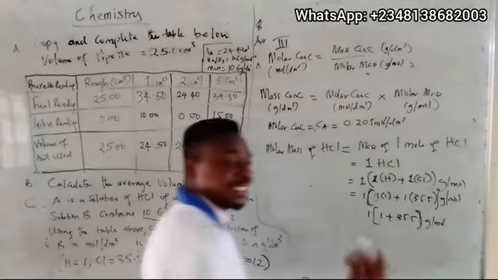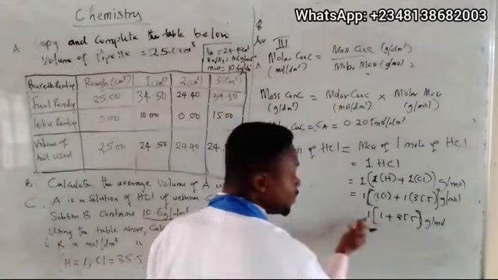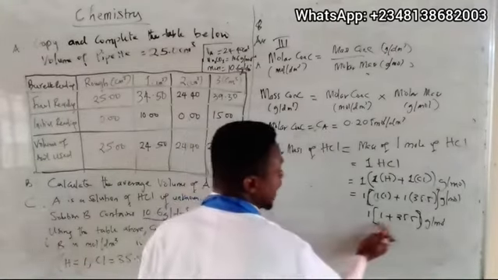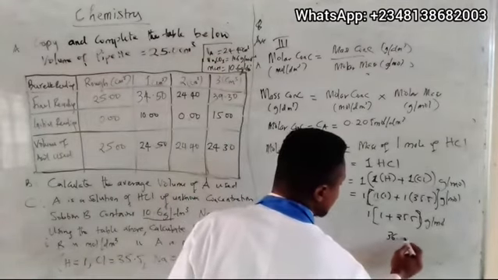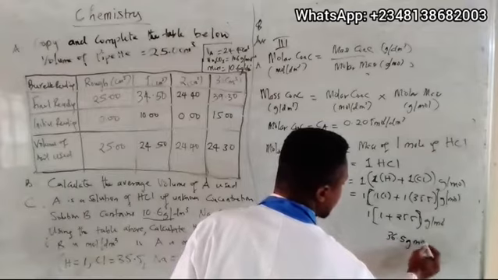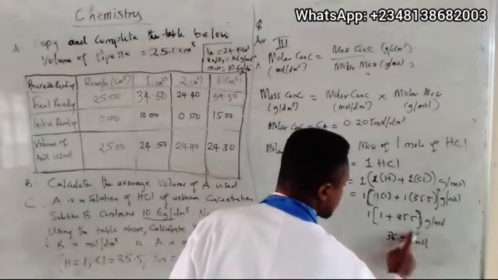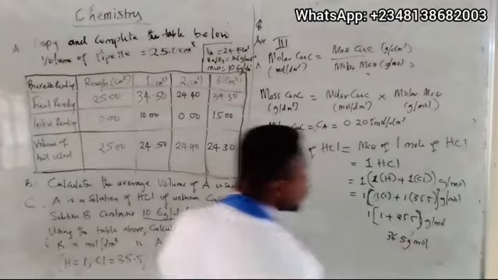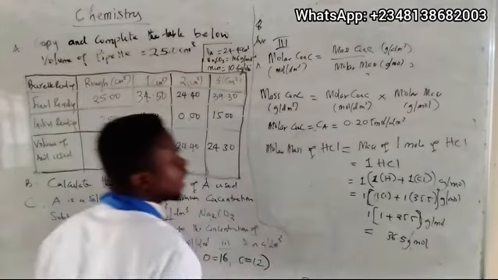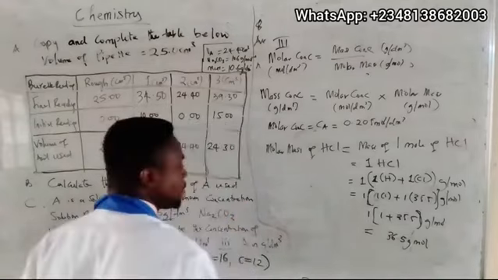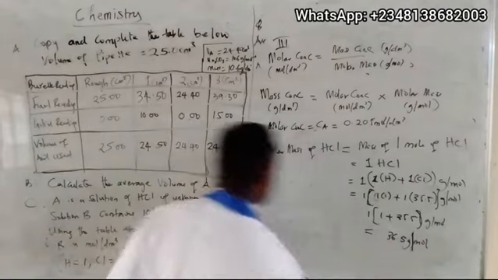So this one is insignificant; we just add. I just leave it there for you to understand what we are doing. If you add this up, it gives us 36.5 gram per mole. So the molar mass of hydrochloric acid is 36.5 gram per mole.